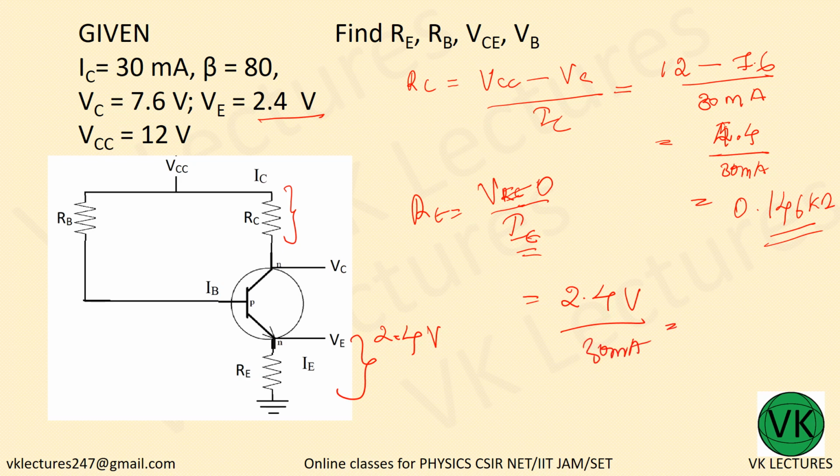So that value is 2.4 by 3, 0.8, so that will be around 800 ohm. Milliampere will go upside. So this is it: 146 ohm, 80 ohm, 800 ohm.